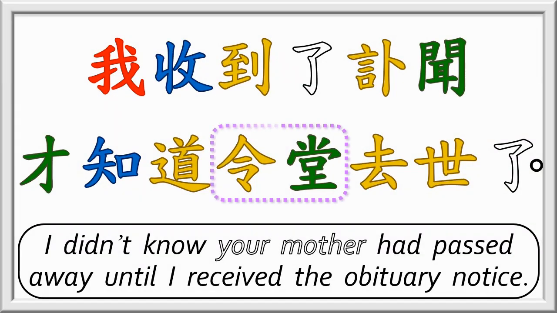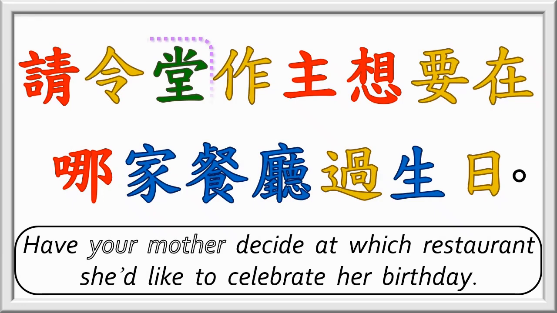Literally, through you to your good mother, my inquiry. 我收到了讣文才知道令堂去世了. I didn't know your mother had passed away until I received the obituary notice. 请令堂做主，想要在哪家餐厅过生日? Have your mother decide at which restaurant she'd like to celebrate her birthday.